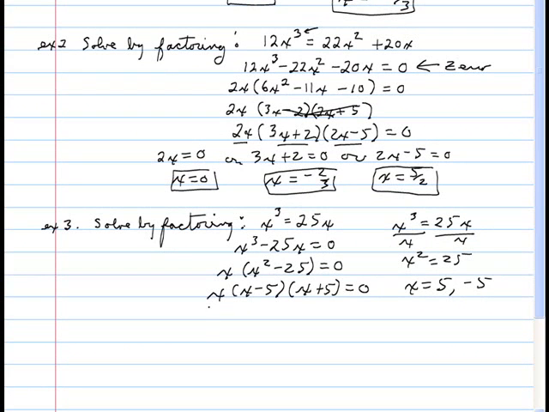I now have three numbers, x, x minus 5, and x plus 5, multiplied together to give me 0. So either the first number is 0, well, holy smoke, there's answer number 1. Or the second number is 0, there's answer number 2. Or the third number is 0, and there's answer number 3, again corresponding to an equation of degree 3.